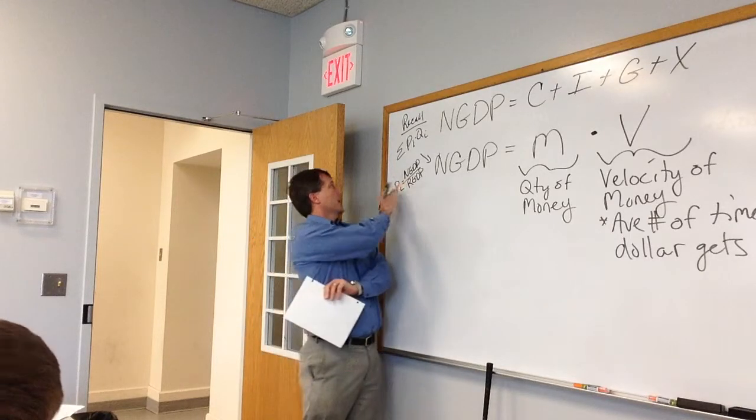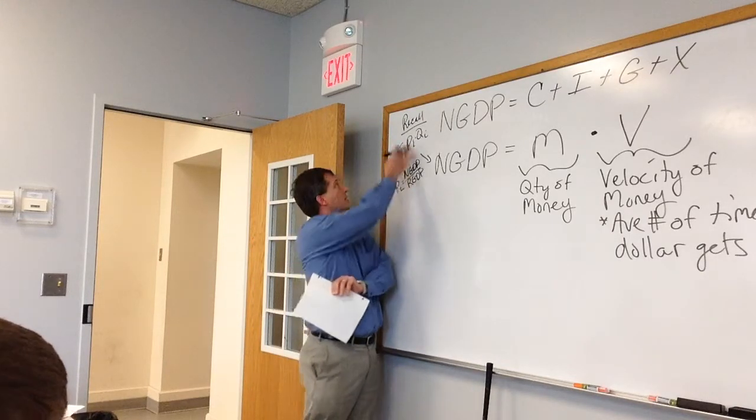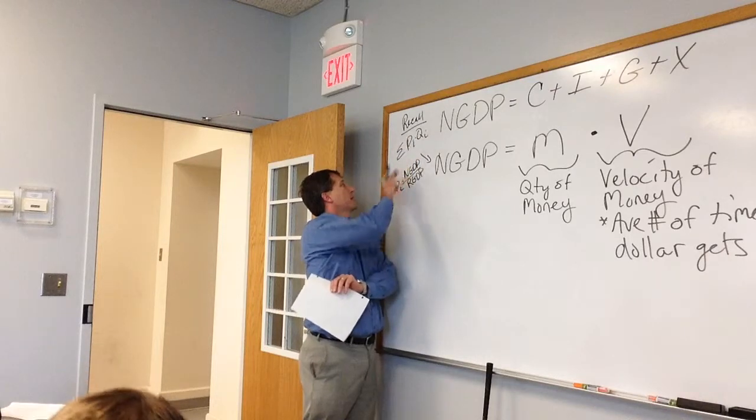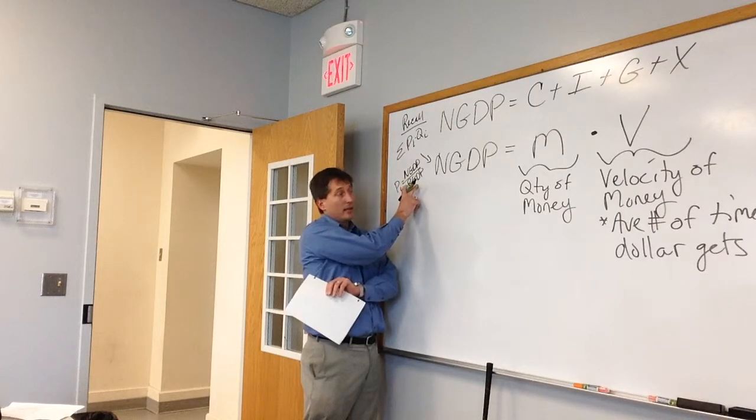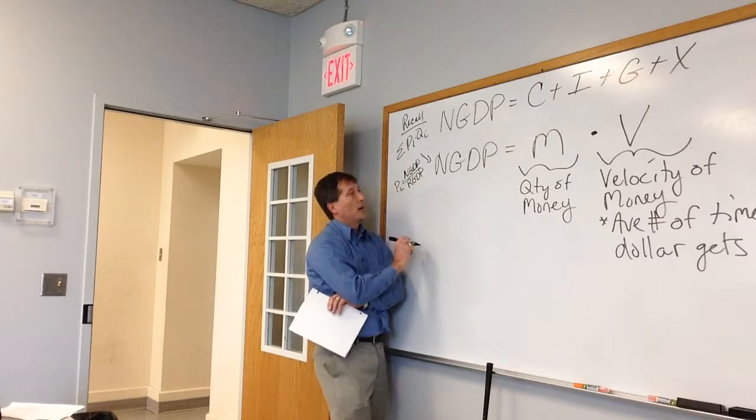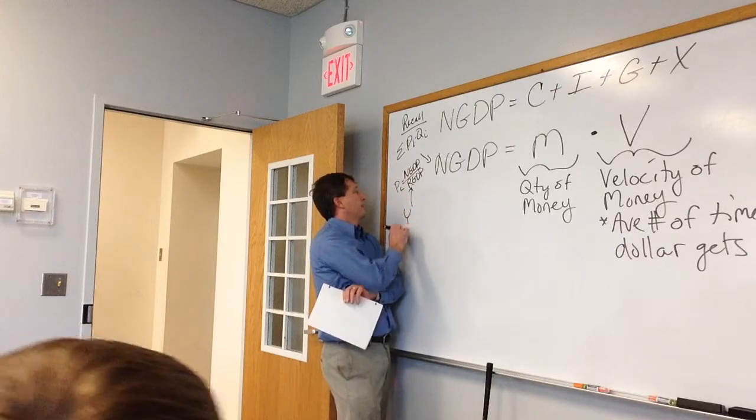And so just to kind of think about these two pieces, whichever way you're thinking about it, P times Q, or now we can think of it at the macro level of PL times real GDP, which we also call income.